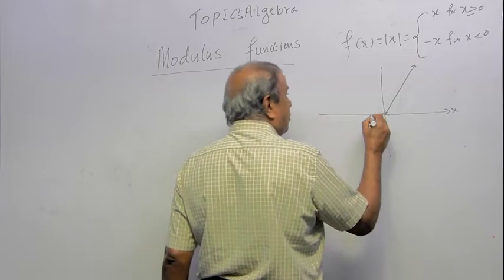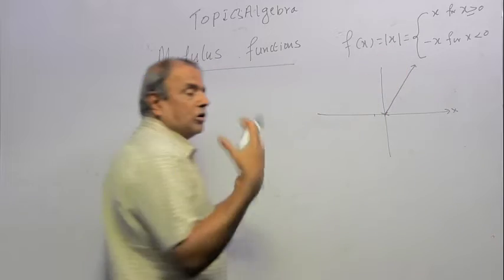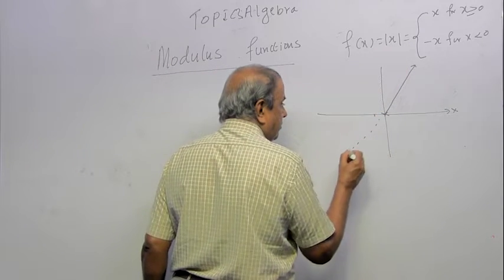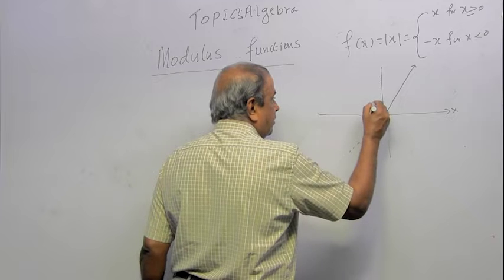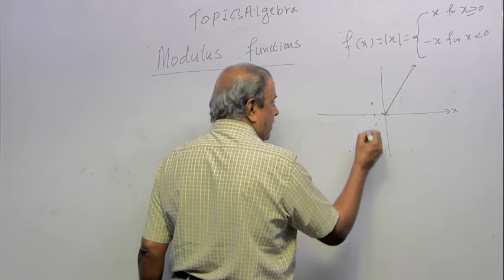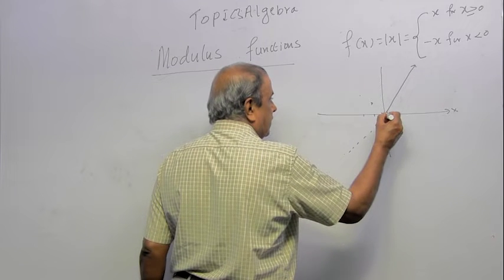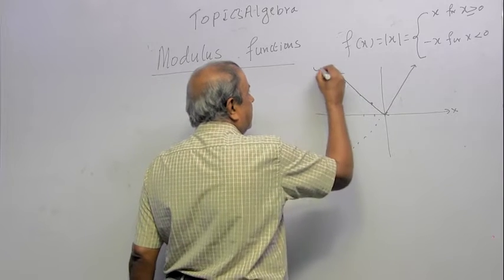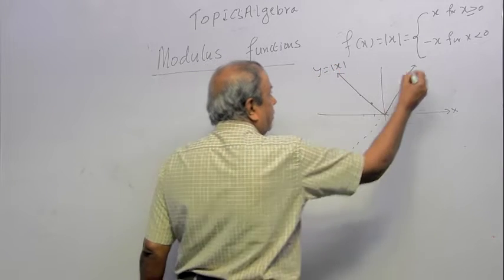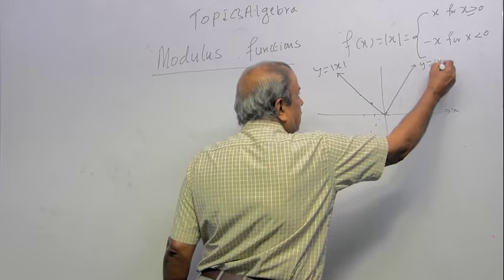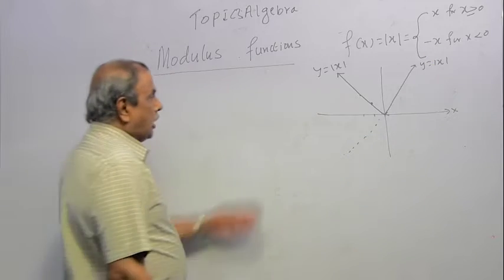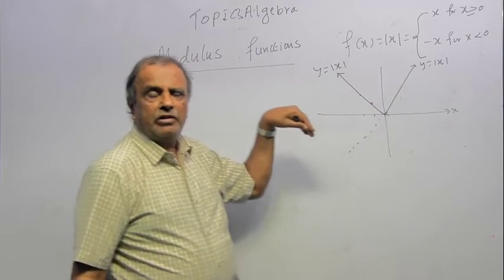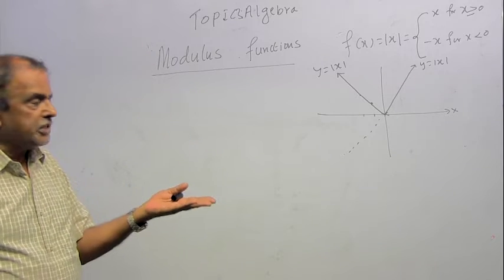If x is minus 1, y equal to x gives you minus 1, but this is plus 1. For minus 2, it is plus 2. In other words, it is the reflection of the portion of y equal to x below the x-axis, in the x-axis, for negative values of x. That's how you define a modulus function.